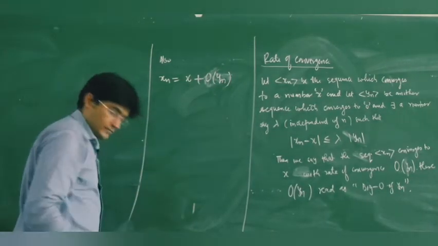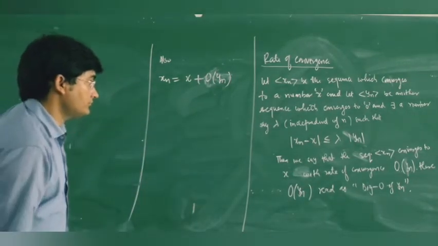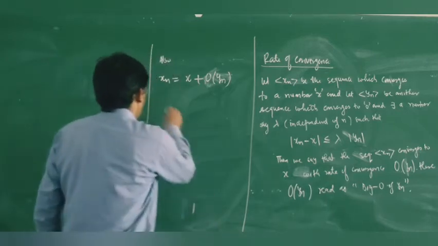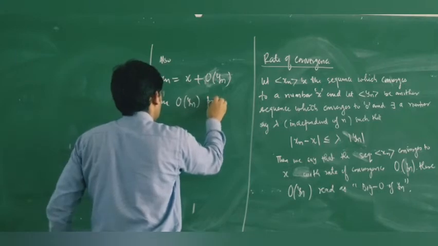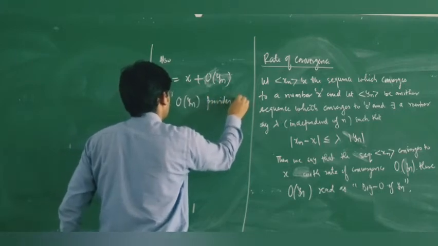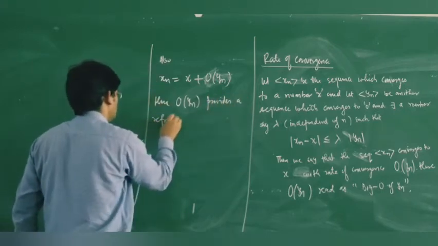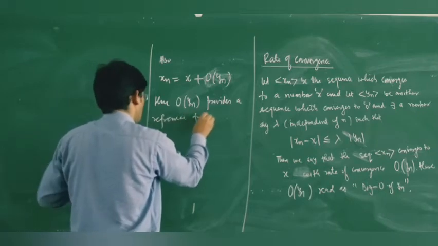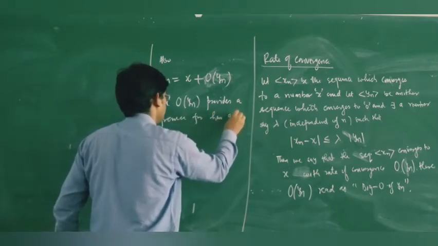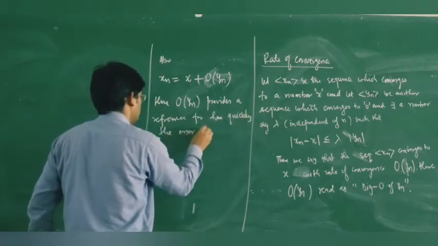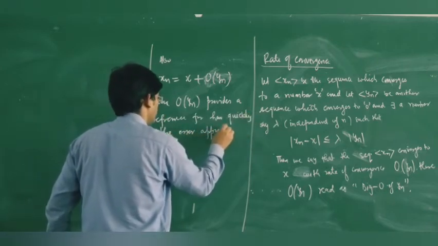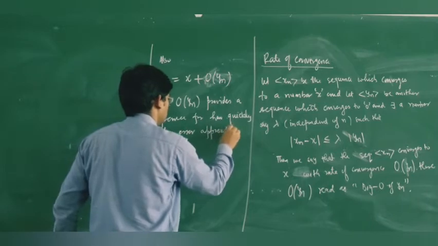Here O of yn provides a reference for how quickly the error approaches 0.